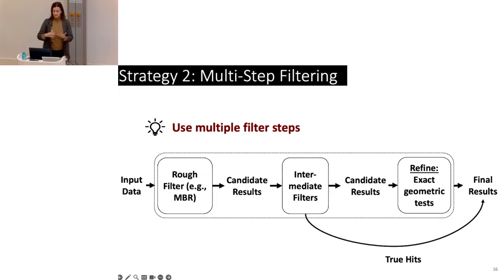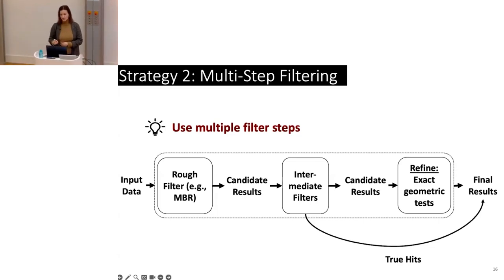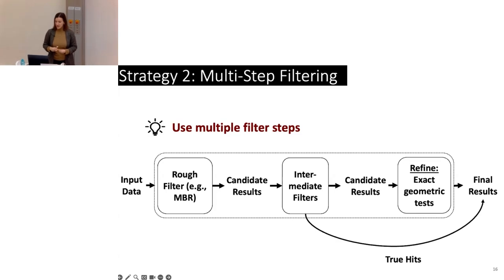And then in the next filtering stage, you can use a more precise approximation to further reduce the candidates. And it would be even better if you use a filter that can also confirm some true hits. So if there are some results that you can identify just by using the filter, you can skip refinement for those altogether.